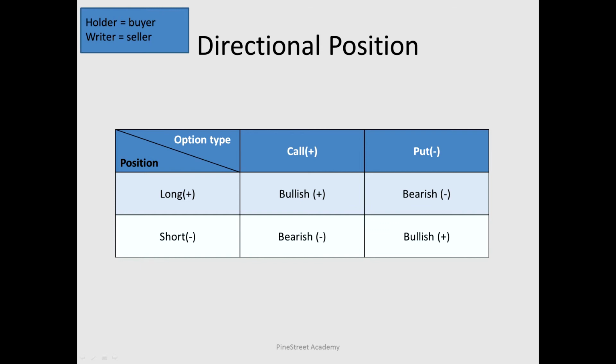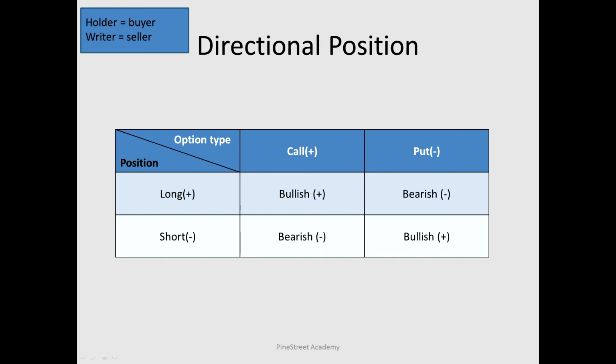If you're long a put, so you're buying a put option, you want the underlying to drop in value. Going back to my basic math example, when you multiply a positive number with a negative number, the product is always negative.